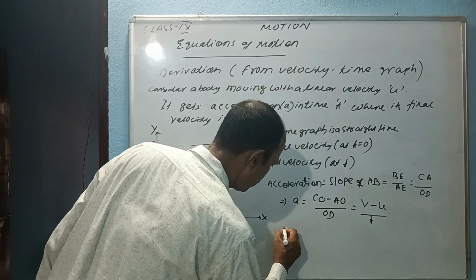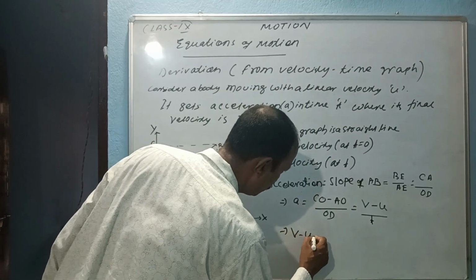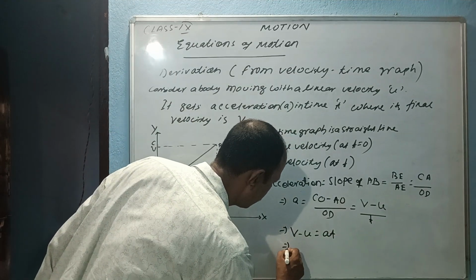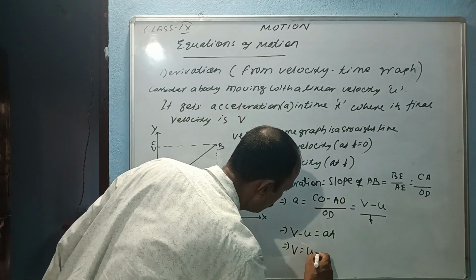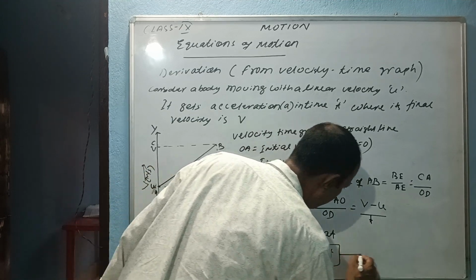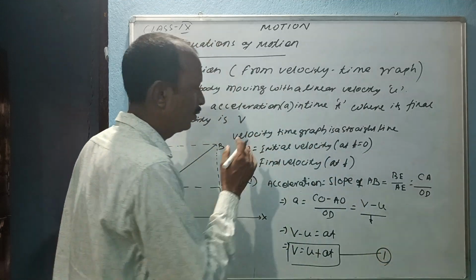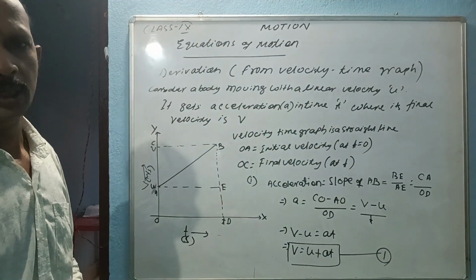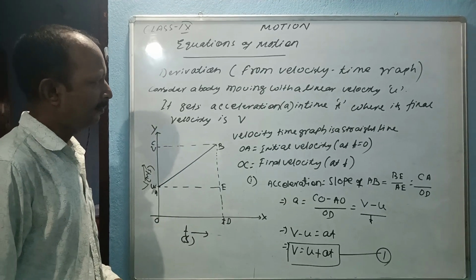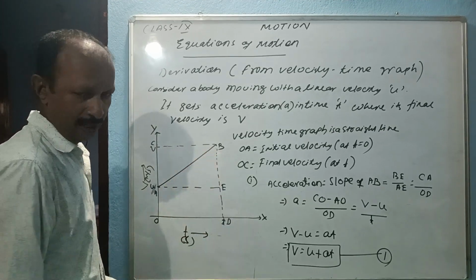Clear? This implies that V minus U is equal to AT, or I can write that V equals U plus AT. This is the derivation of the first equation, V equals U plus AT. I hope that you might have understood it very clearly.